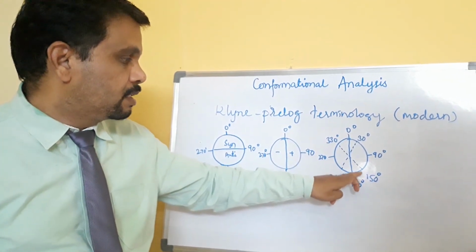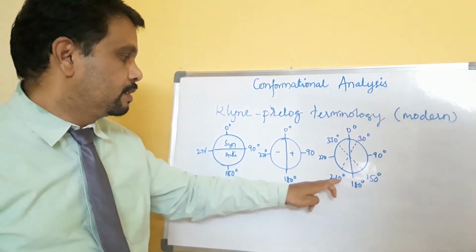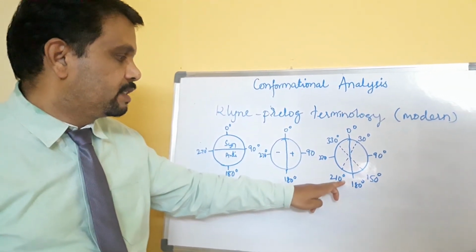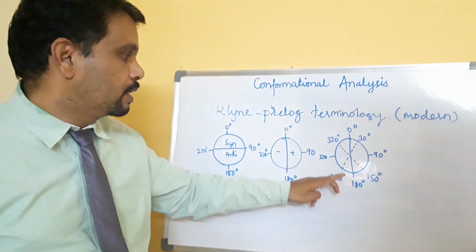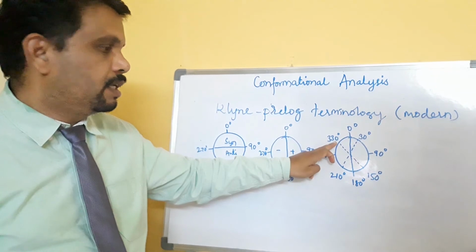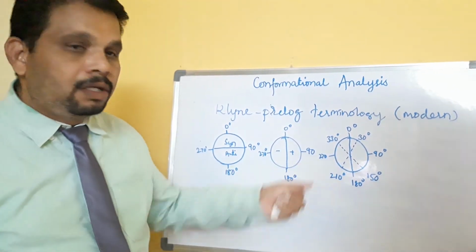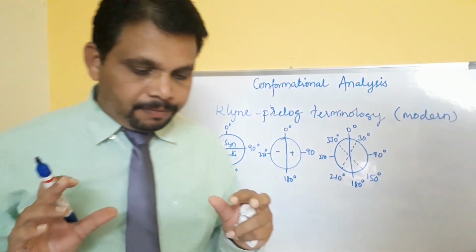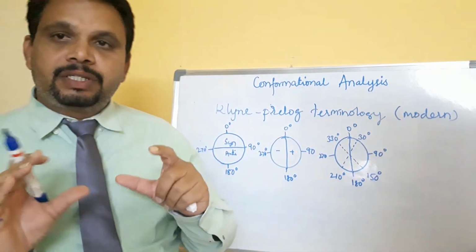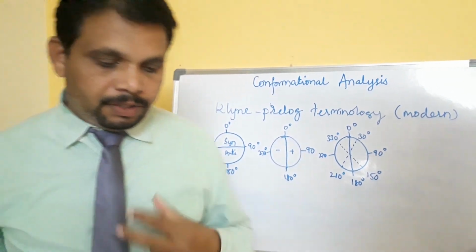Here, 150 plus 30 is equal to 180 degrees. So 180 plus 30 is equal to 210 degrees. Here 360 minus 30 degrees is equal to 330 degrees. So like this, there is a 30 degrees variation, plus or minus.